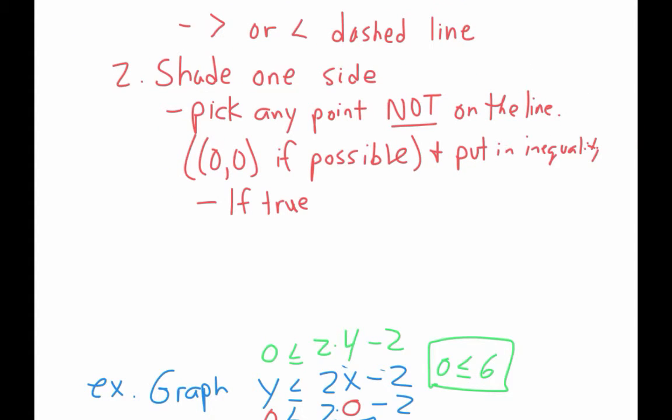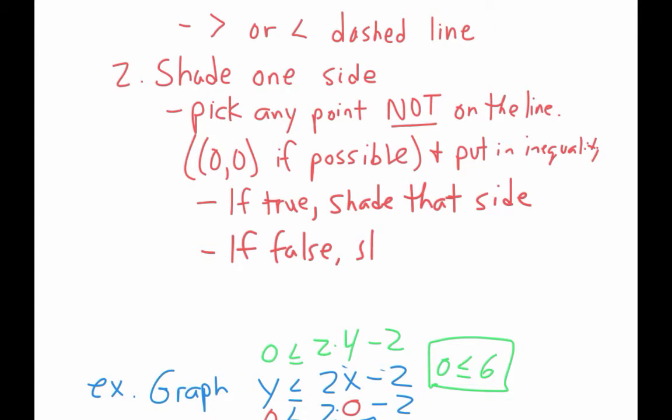If it works out, if it's true, shade that side. You could say if false, shade the opposite side. So if it's true, shade the side that has that point. If it's not true, shade the side that doesn't have that point.